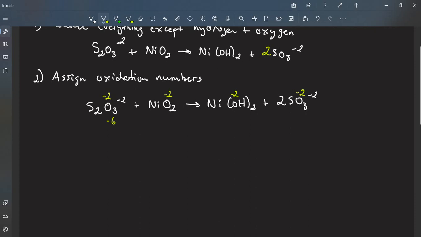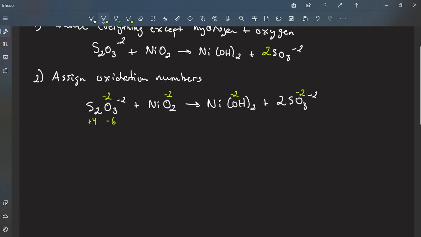This can be something you do on the side, or if you're comfortable enough, even in your head. But going through this now, we see that in total, oxygen contributes a -6 charge, which means both these sulfurs together need to add to give us some positive value that makes the overall charge a -2. Now, that means it should be a +4.